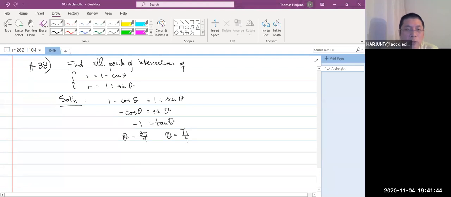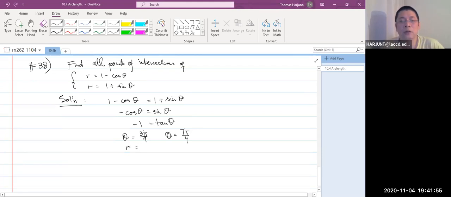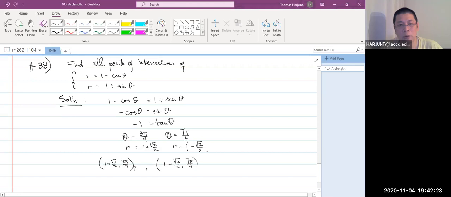Then from there, you can plug that in to find the corresponding radius. I think the r for this theta will be 1 plus radical 2 over 2, and this one will be 1 minus radical 2 over 2. So the coordinates in polar will be (1 plus radical 2 over 2, 3 pi over 4), and (1 minus radical 2 over 2, 7 pi over 4).